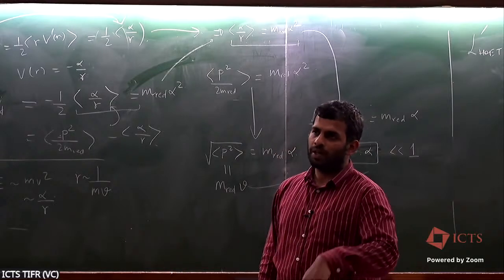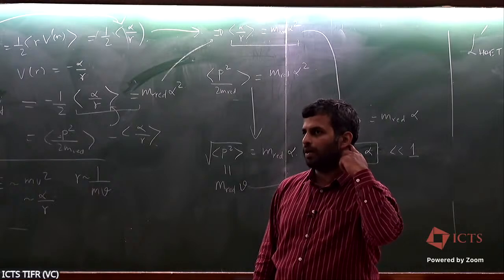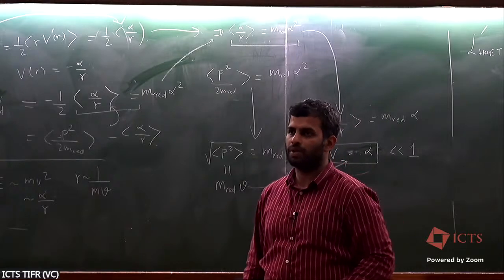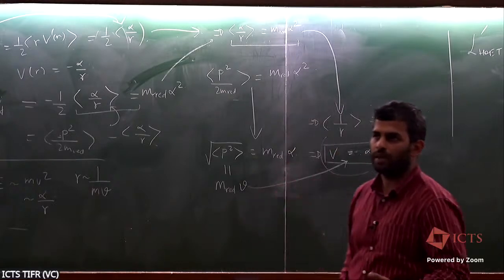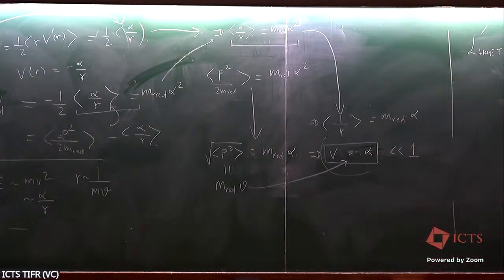Now, in QFT, we are showing a rigorous derivation of why the Schrodinger equation comes as the result. In QCD, there is the scale of lambda QCD.